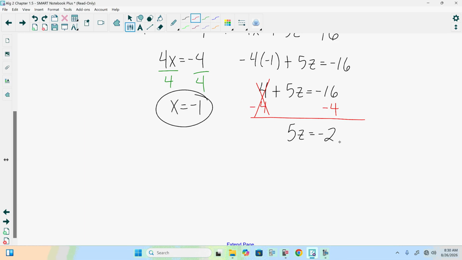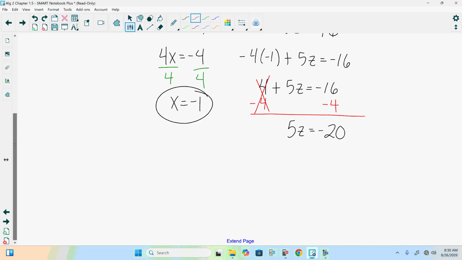Doing some of the subtracting negatives can be a challenge. Last but not least, we would divide both sides by 5. Negative divided by positive will stay negative. 20 divided by 5 is... so negative 4.